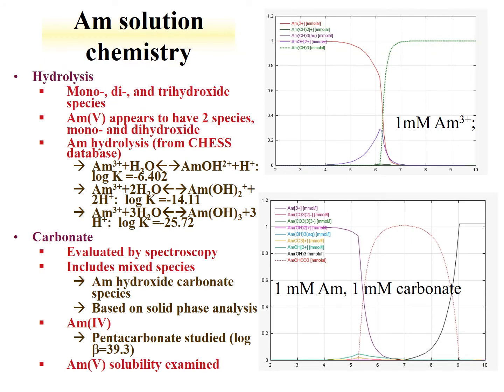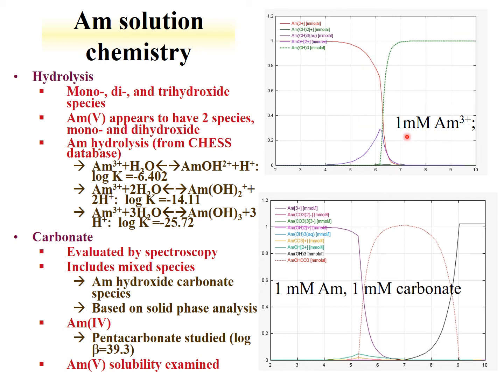The thermodynamic data shown on the previous slide can be used to explore the speciation of some americium species. Here are some data calculated by CHEM for the hydrolysis of americium. It shows a very classic trivalent behavior. The figure on the top shows 1 millimole of americium-3. Around pH 6, the trivalent americium free species begins to decrease.